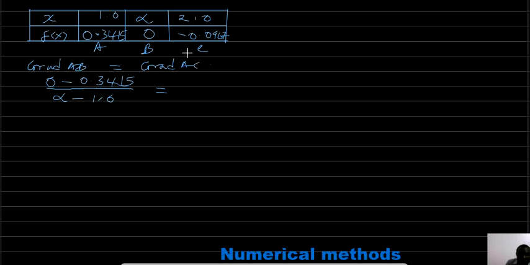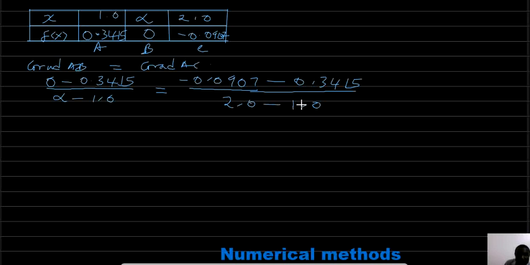A is here, C is here. So I will have negative 0.0907 minus 0.3415 divided by 2.0 minus 1.0. We are interested in finding the value of alpha.